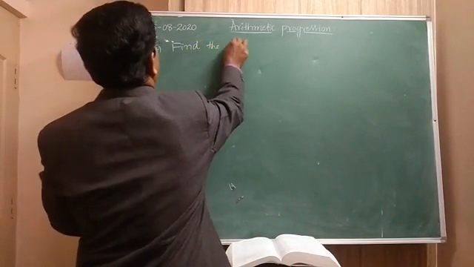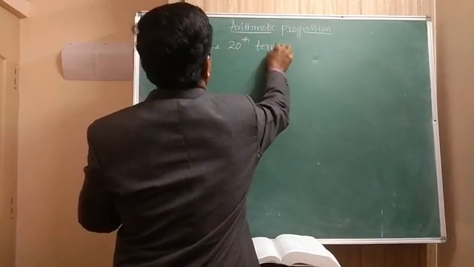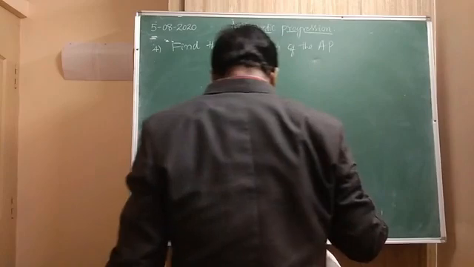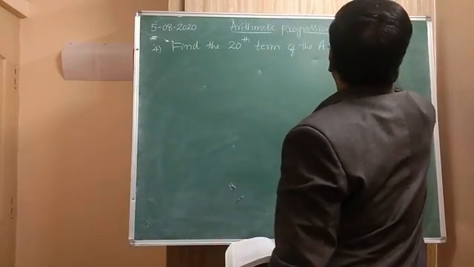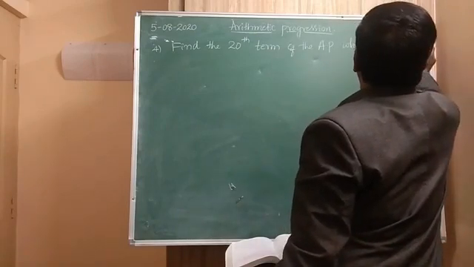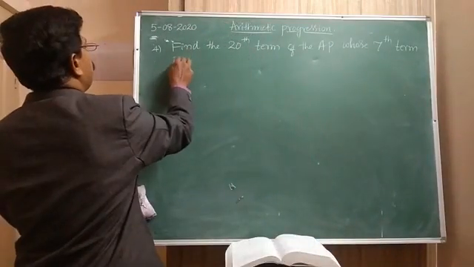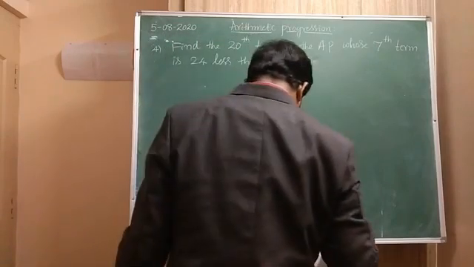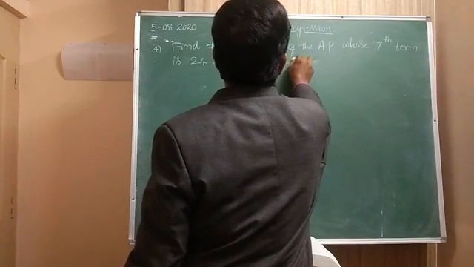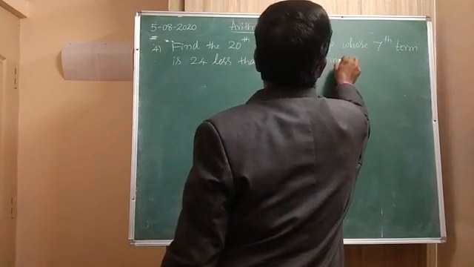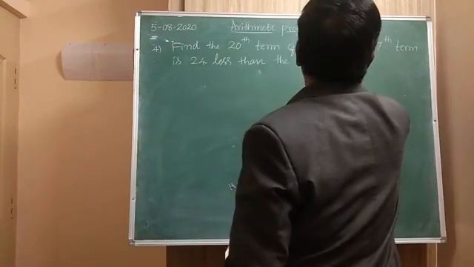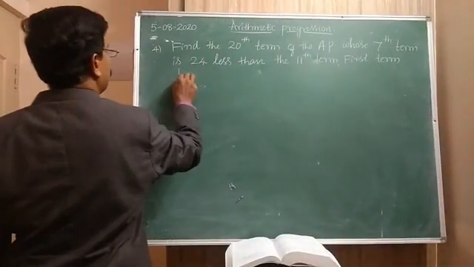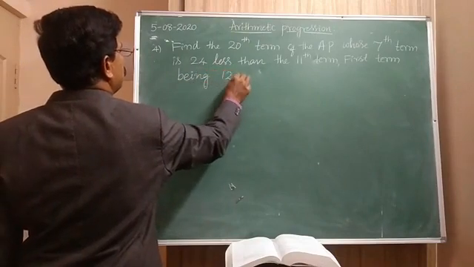Find the 20th term of the AP whose seventh term is 24 less than the 11th term, first term being 12.